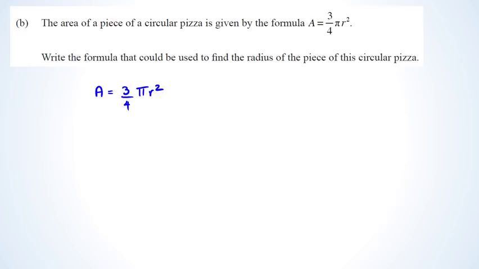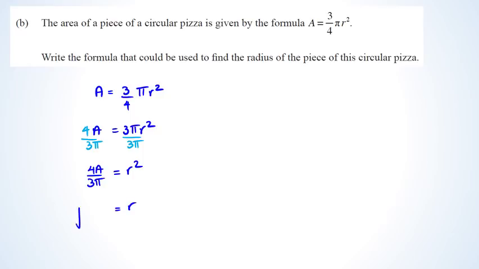First step is getting rid of the 4, bringing it to the other side to multiply. So I have 4A equals 3 pi r squared. Then I want r by itself, so I'm going to divide both sides by 3 pi. What I'm left with is 4A divided by 3 pi equals r squared.